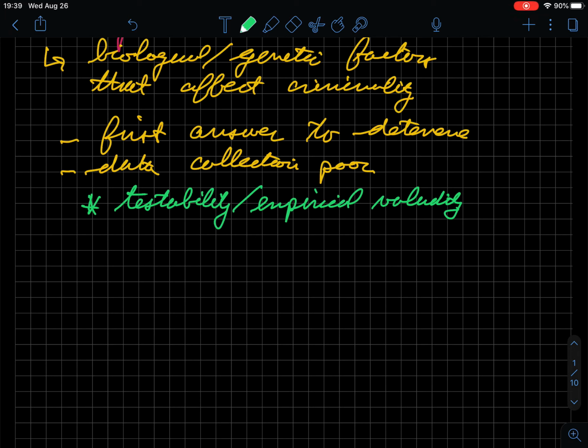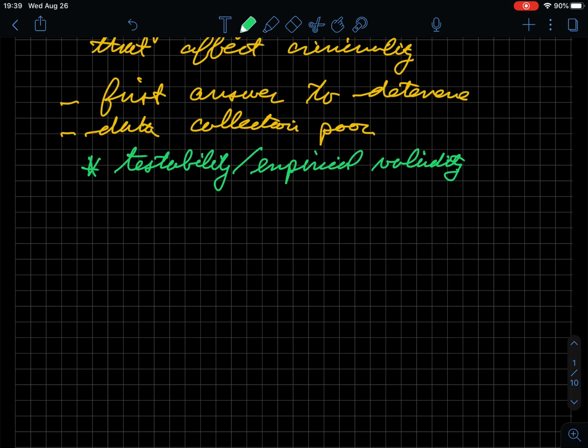Because there's no set way of collecting data and testing these hypotheses, deterrence theory falls out of favor, right? Because we can't really test it. It falls out of favor because there's no data, which kind of sucks, right?